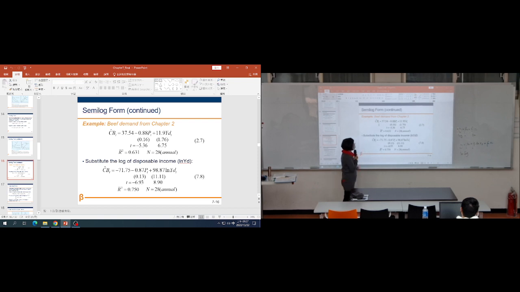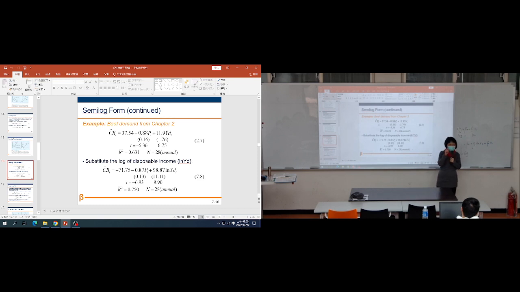And it makes more sense that the disposable income is in log form instead of the measurement units, because when your disposable income increases by 1% it is more meaningful than increasing by $1 or $100, right? So this one will be more suitable in economics. Therefore, if you change YD to log YD, the result will be a little bit different.